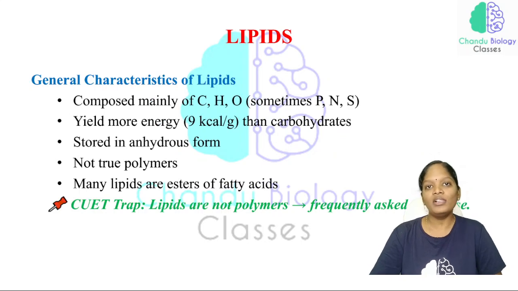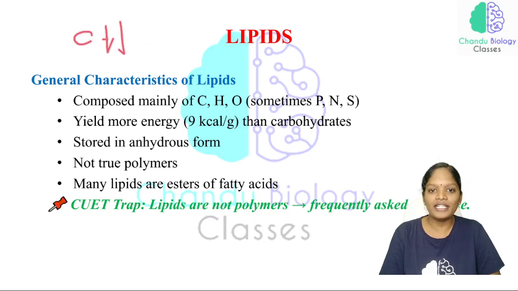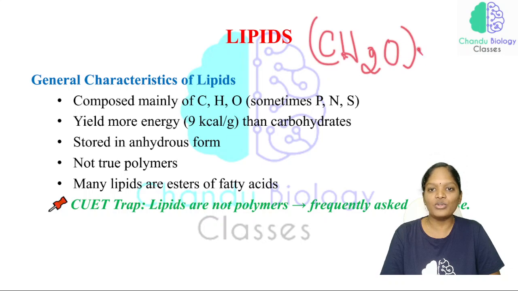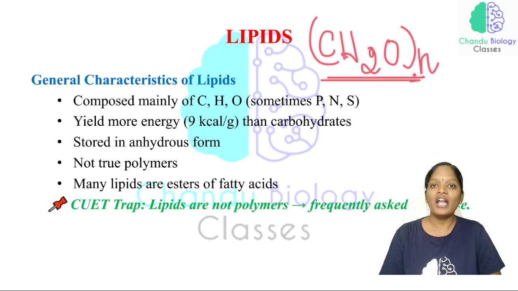Now, what are the general characteristic features of lipids? What did we study when we discussed carbohydrates? They are composed mainly of carbon, hydrogen and oxygen, isn't it? The general formula for carbohydrates is (CH2O)n.